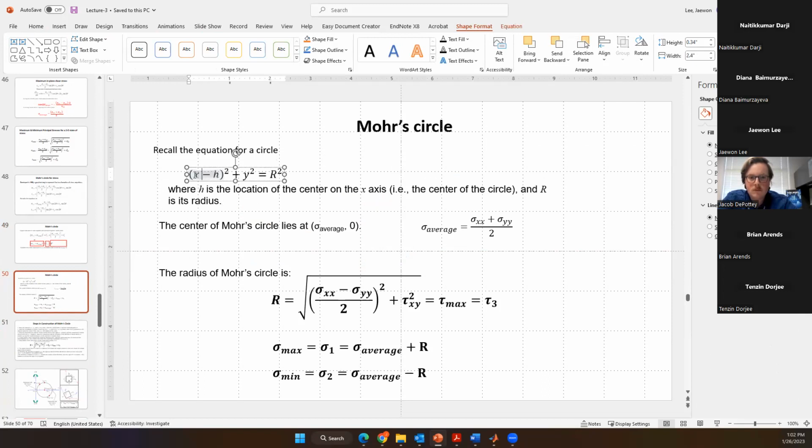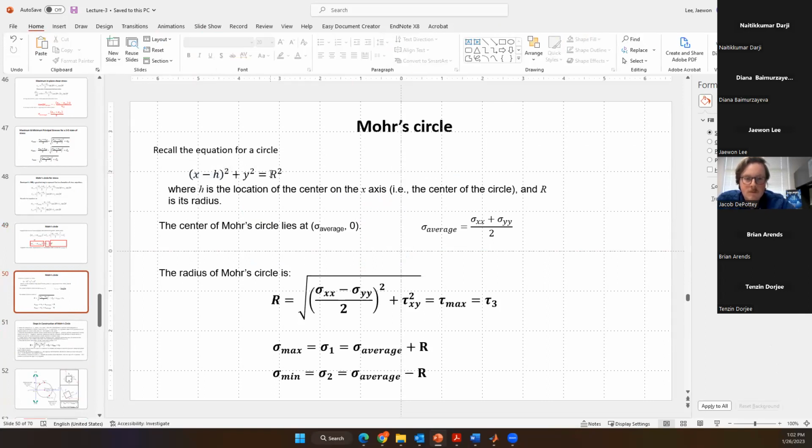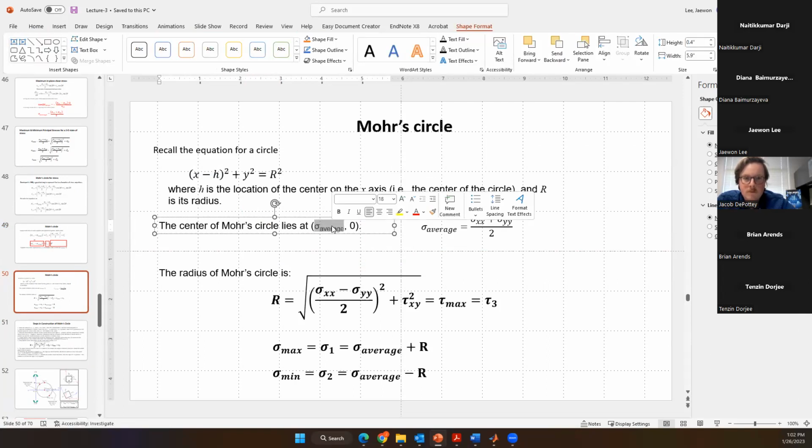So in this case, the center is located at 0 and the radius of this circle is R. Based on this information, we can make the Mohr's circle center the average normal stress.